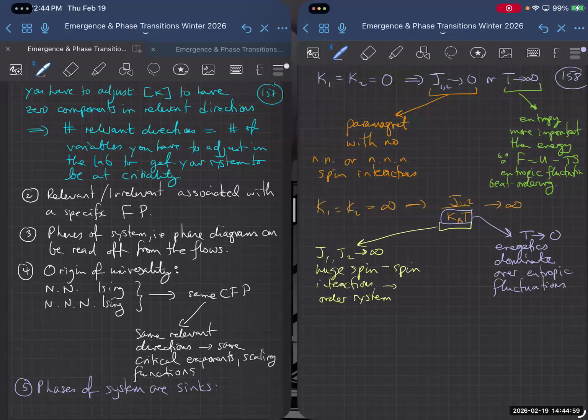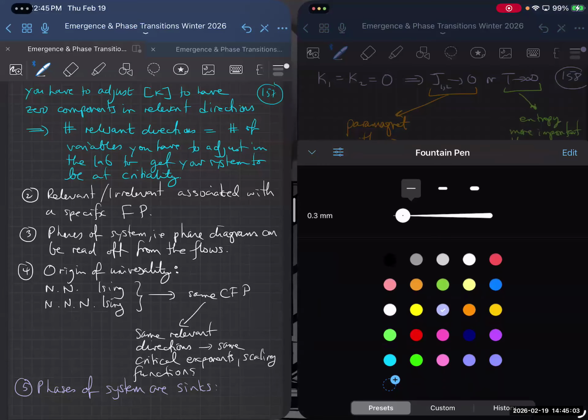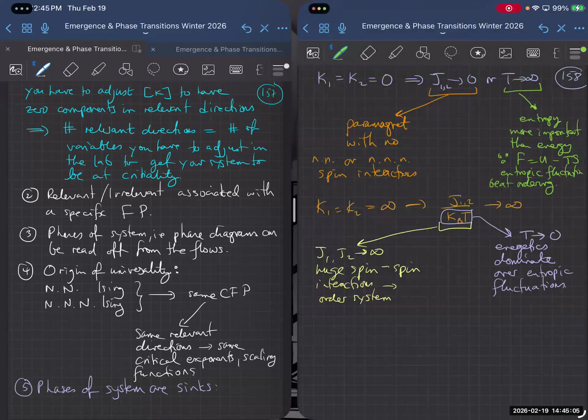So there's a corollary of this, which I want to briefly mention. I'm not going to go into it in detail, but it's described in my book. So the corollary is, let's think about the Ising model.